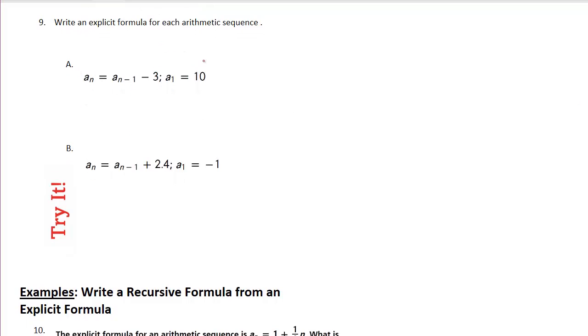So we're going to take the same thing, and we're going to rewrite it as an explicit formula. So again, formula, identify your knowns. My first term's 10. The d from the recursive formula is right here, so that's going to be minus 3.